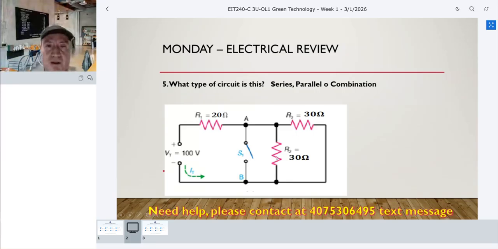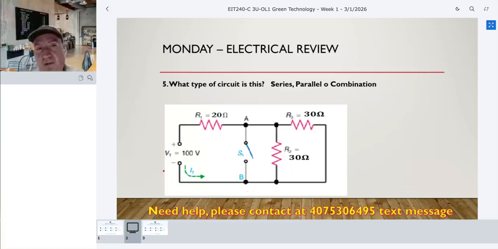In this case, R3 and R2 are in parallel, right? Because both sides are connected to each other. Now, these two are in parallel. However, R1, 20 ohms, is connected on only one side. The other side is connected to the source. This is series. So this circuit, if you analyze it, is a combination.